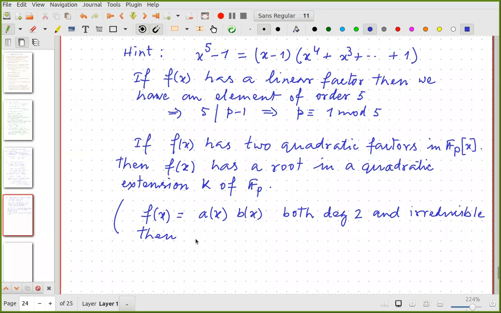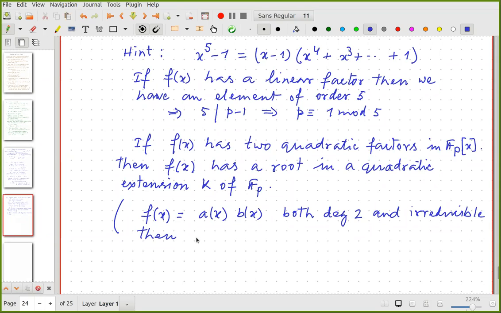So then just consider, okay, so last time we just discussed splitting fields. Of course, we haven't proved it, but we are also assuming the existence and uniqueness of that. So you can always find a field where it has a root, and this is a degree 2 irreducible polynomial.